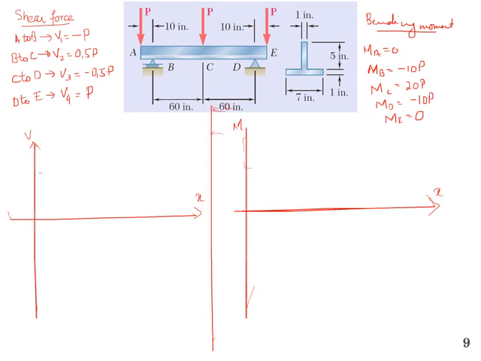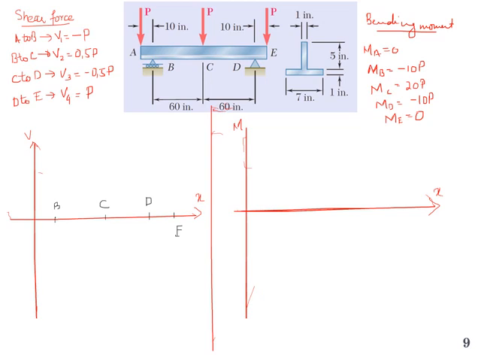So if I want to plot, let me put markings over here. Obviously it is not up to scale. So this is my B, then C, then D, and E.